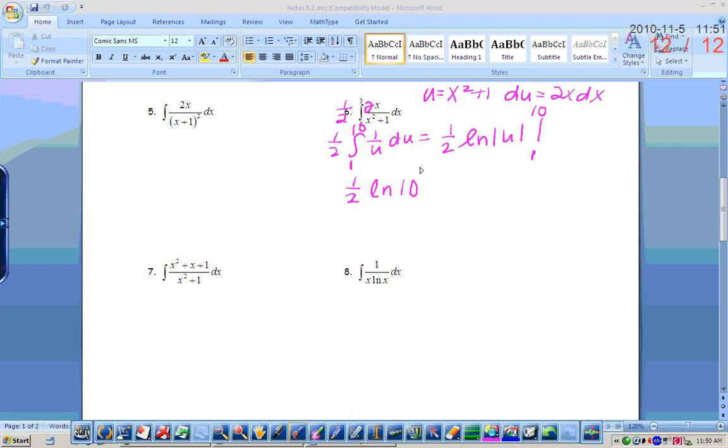No, 10's a positive number, so that's cool. Minus 1/2 times the natural log of 1. One of those two I can simplify. What's the natural log of 1? 0. So 1/2 ln 10.